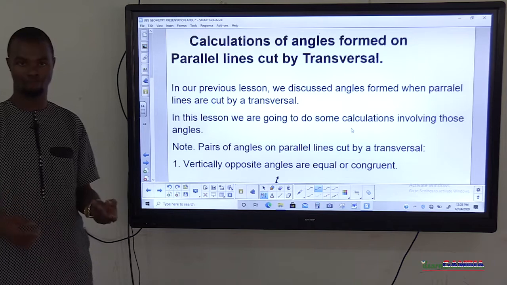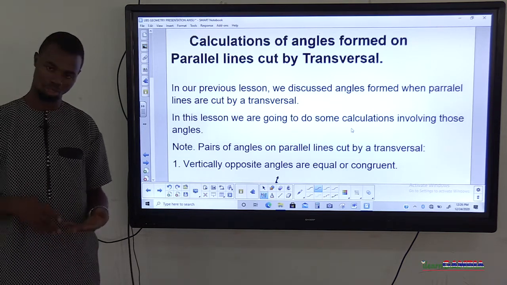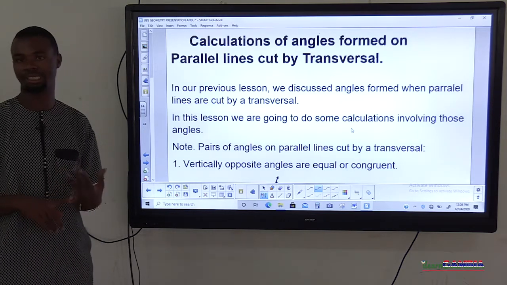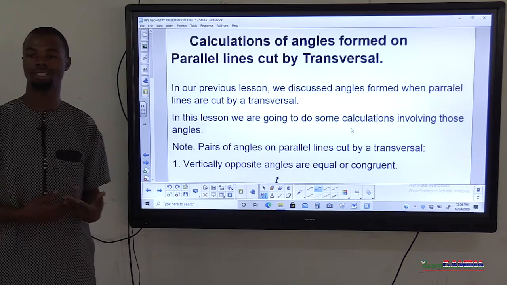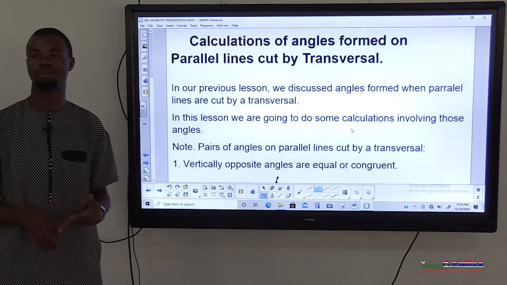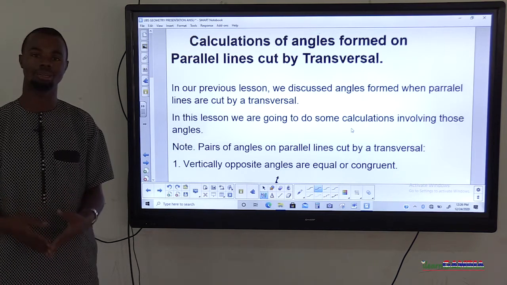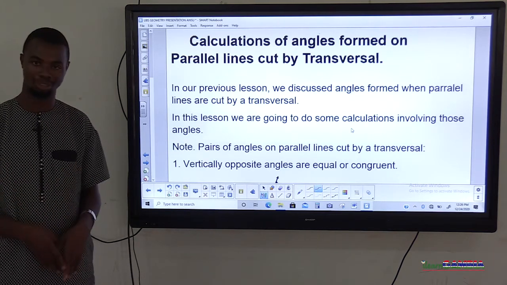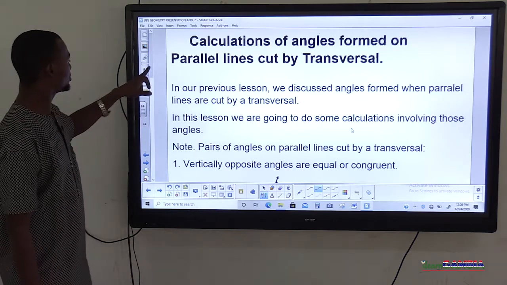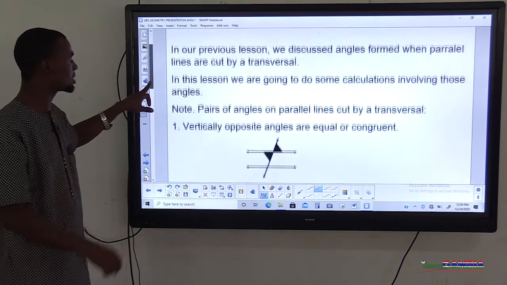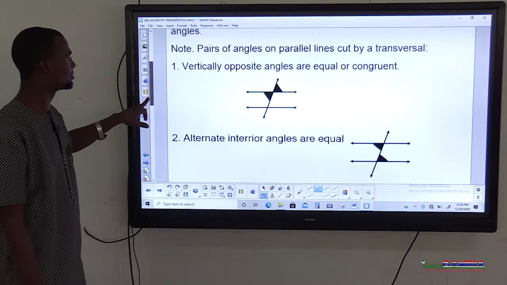Some of these angles were alternate exterior, alternate interior angles, corresponding angles, vertically opposite angles, supplementary angles, and interior angles. So we have to keep that always at the back of the mind.